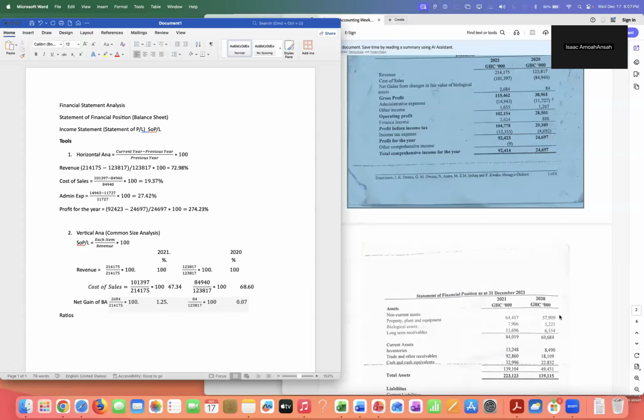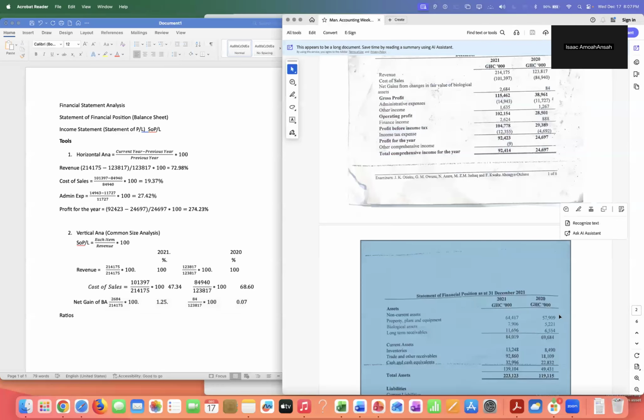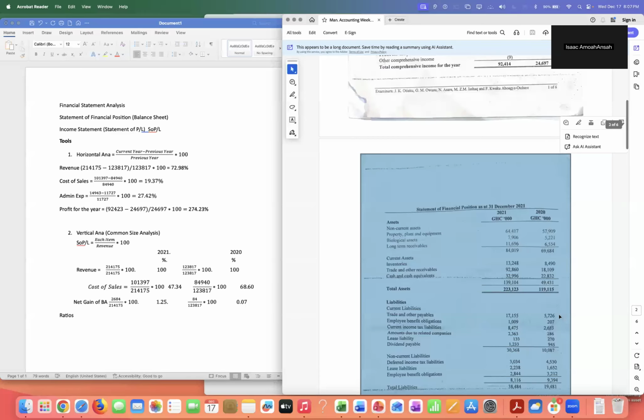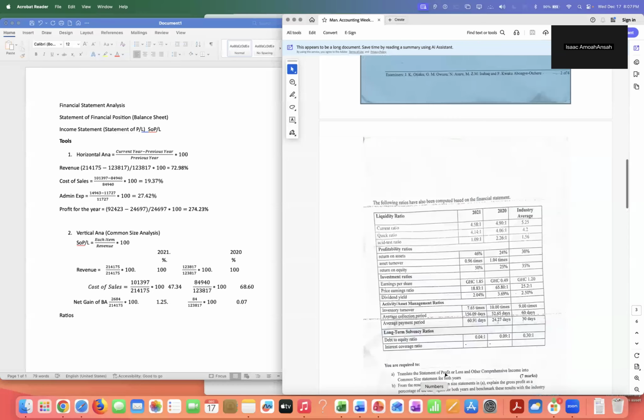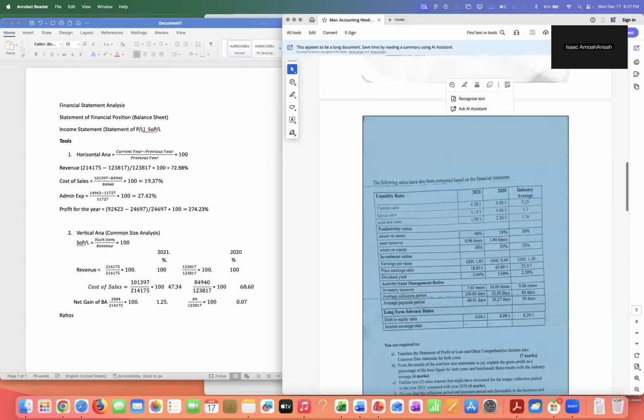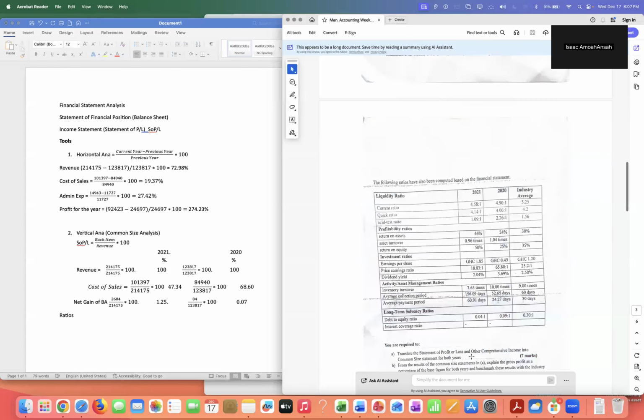Okay, let me show you a certain question. Don't be so disturbed. Look at something here. The question says: translate the statement of profit or loss and other comprehensive income into a common size statement. Do you remember common size analysis? Does it sound different from common size statement? It's the same.